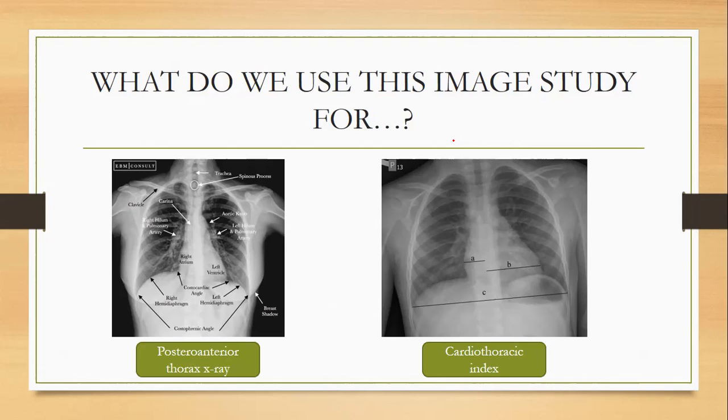We also have the right hemidiaphragm and the left one. We also have the costophrenic angle. Can anybody tell me what this costophrenic angle is most importantly used for? What is the importance of knowing the costophrenic angle?